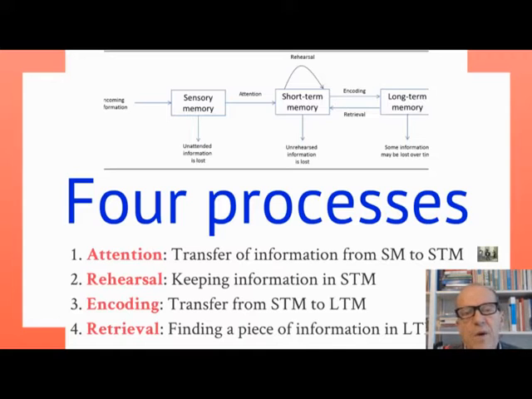Now, both groups were split in half. During the retrieval, so the test, when they had to reproduce all the words they had learned, one half was taken to the place where the information originally had been acquired. So in the classroom, for instance, or at the bottom of the swimming pool.